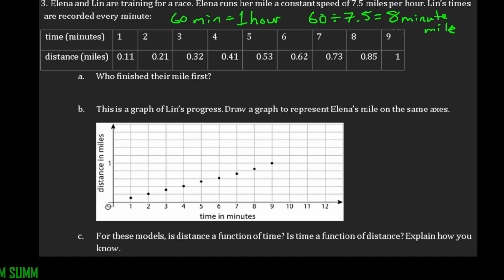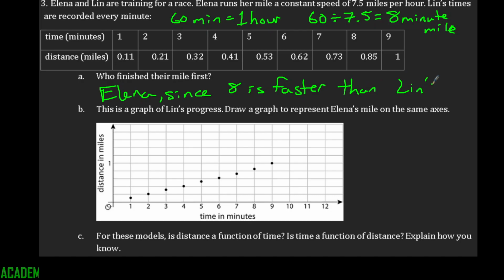So we're going to actually say that Elena finished first since 8 is faster, and the keyword there, usually we were looking for that larger number, but we're going to say that it's going to be faster than Lynn's 9-minute mile.